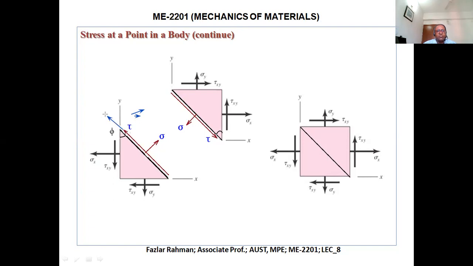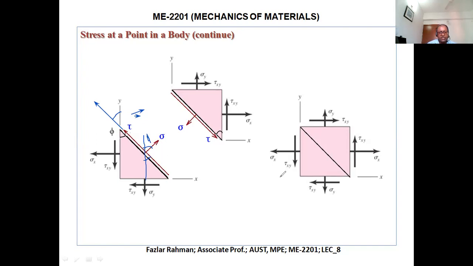Like tau, if I take tau working along this direction, this is phi. So you can make two components, x and y. Similarly, if I make a vertical line over here, then this angle is phi, and this is also phi. Then you can make components of sigma along the vertical and horizontal axes.